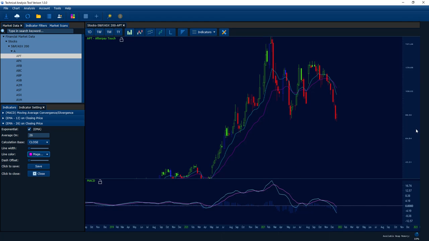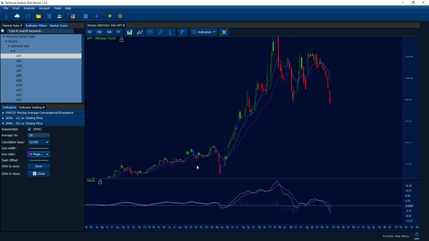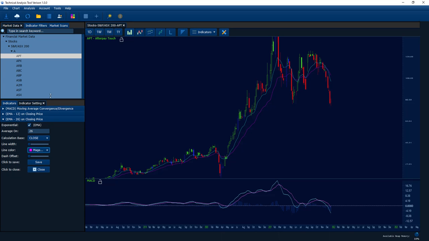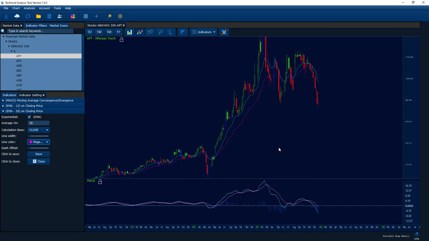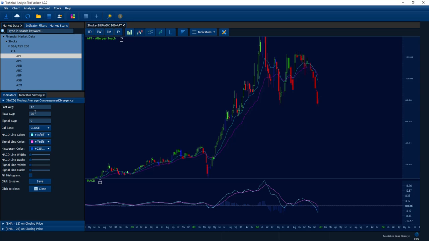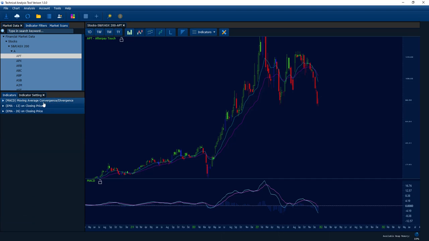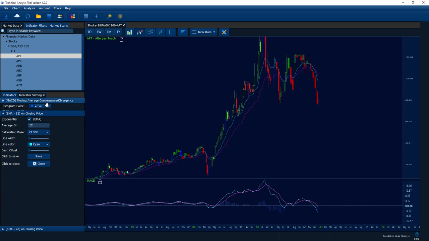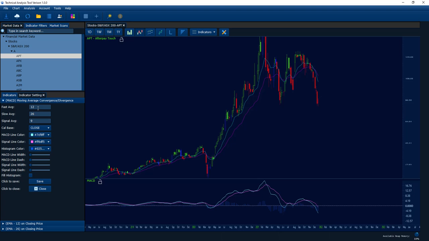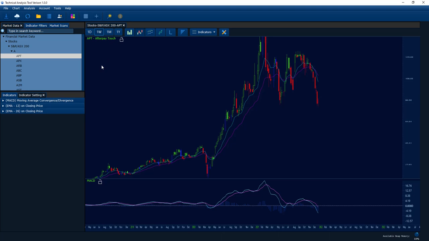So the MACD indicator is actually calculated by a dual EMA system. As you can see, if I open the MACD configurations, the fast moving average is 12 units, so that's why I opened a 12-unit EMA. The slower one uses 26 units, because we are opening a weekly chart, so that's a 26-week EMA as the slow moving average.